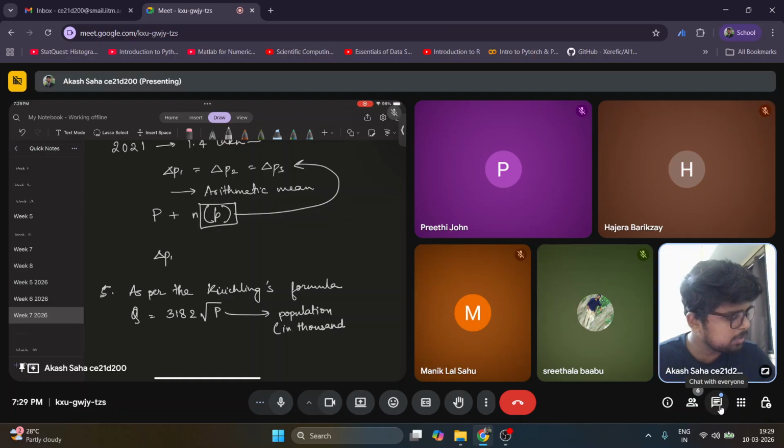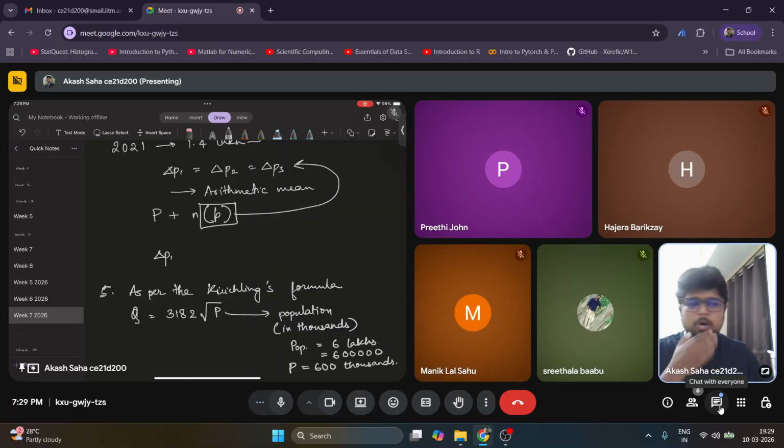If we have a population of 6 lakhs, that is 600,000, so P will be equal to 600. You cannot directly put 6 lakh in this; if you do, the answer will be wrong. So 3182 root over 600 gives 77942 liters per minute.